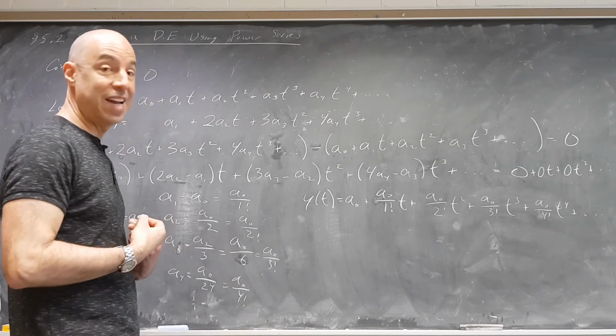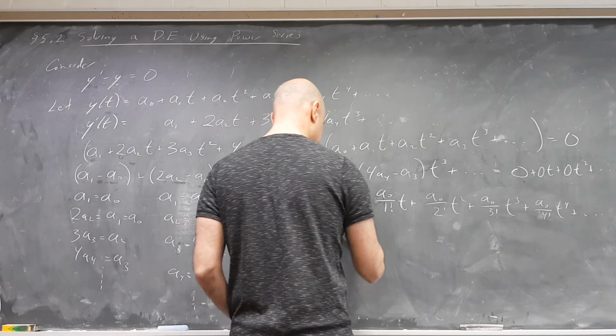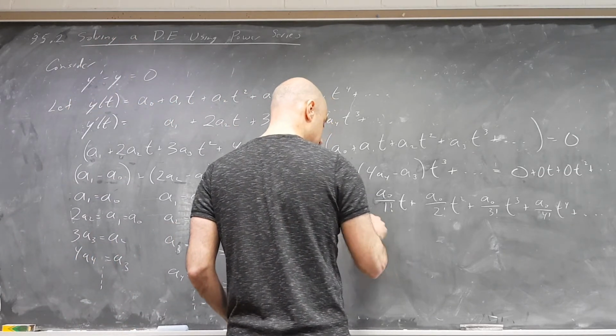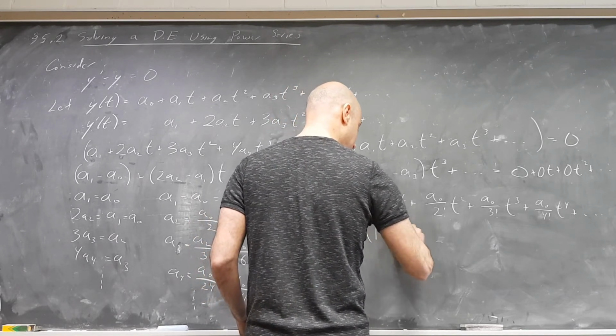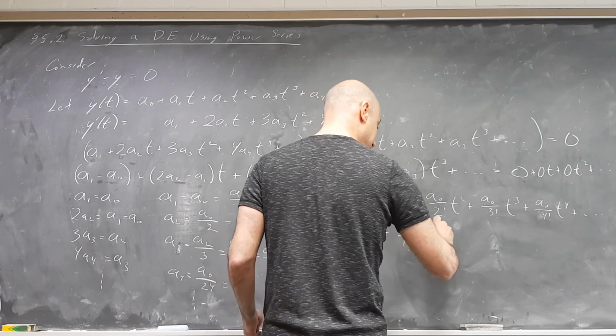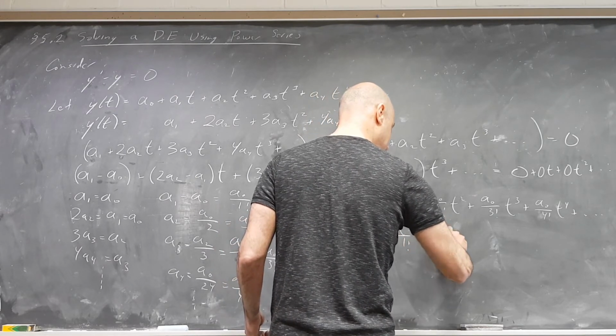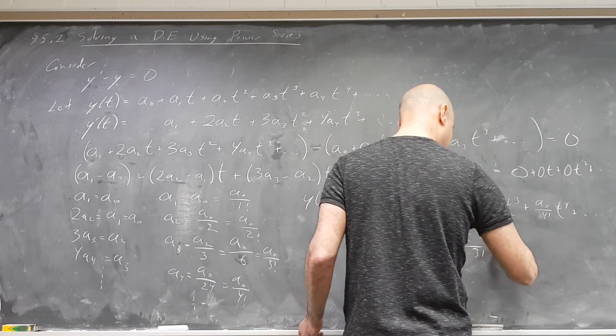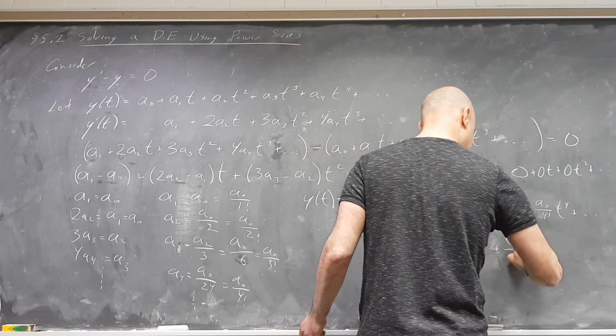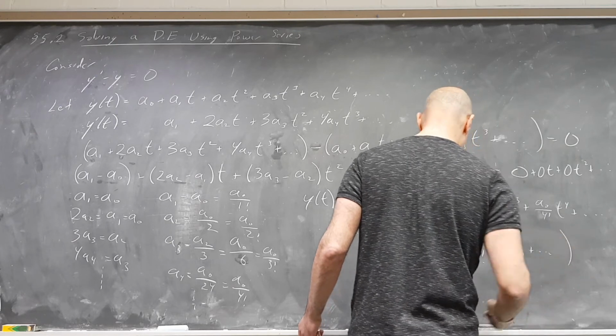And let's factor out the a0. We end up with 1 plus t over 1 factorial plus t squared over 2 factorial plus t cubed over 3 factorial plus t to the 4th over 4 factorial plus and so on.